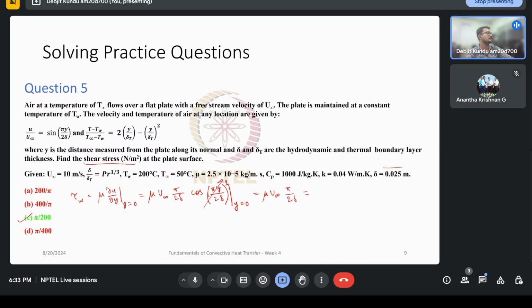And if we now plug in values, mu I know to be 2.5 into 10 power minus 5. Okay, so there was a typo here. It's not 10 minus 5, it's 10 power minus 5. Then u infinity is 10. We have pi over 2 into delta, and 2 into delta is 0.025, right?